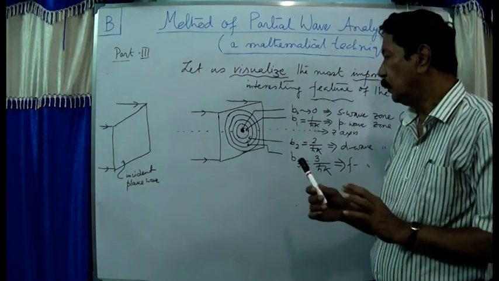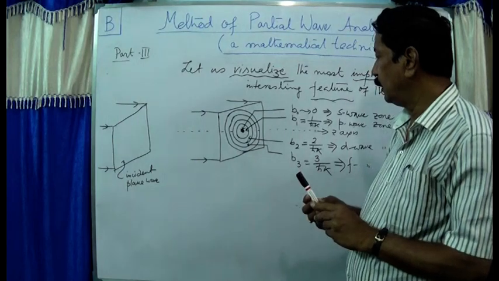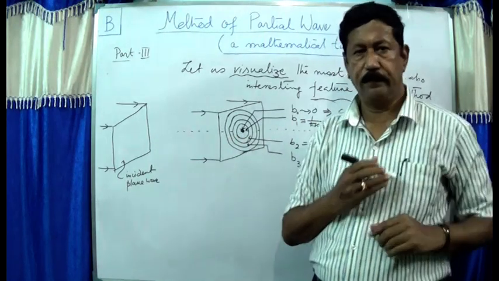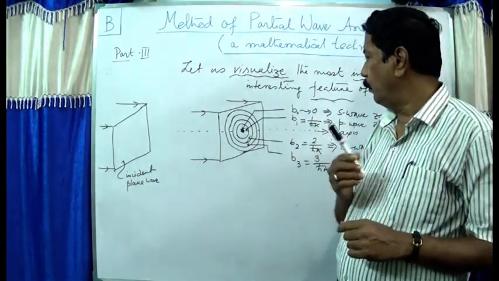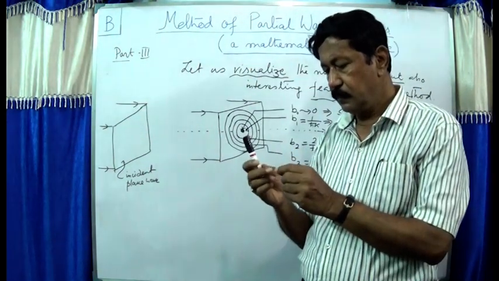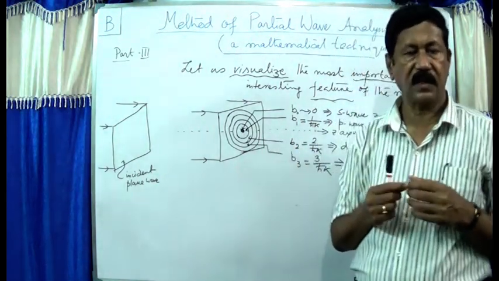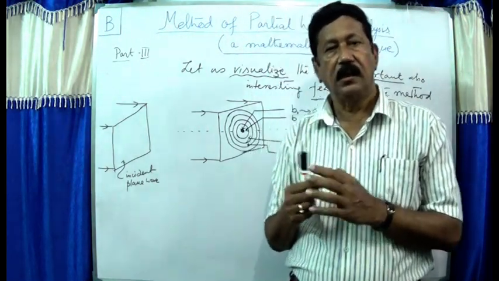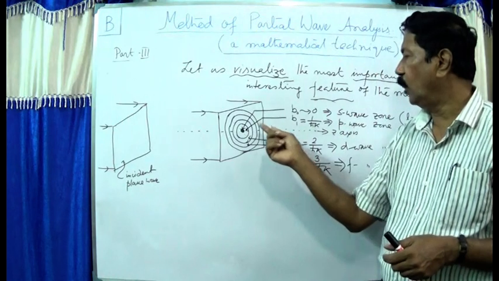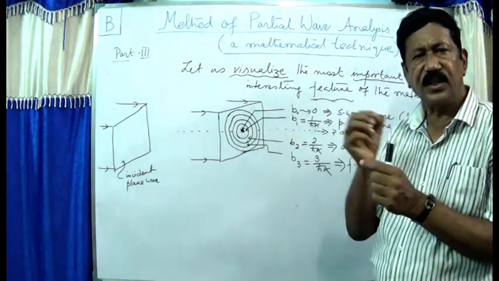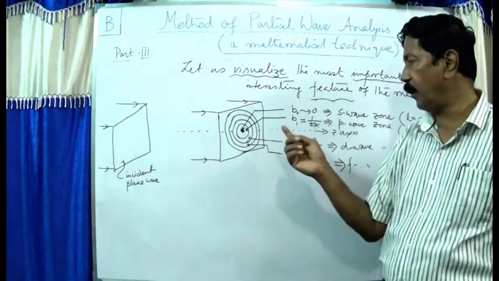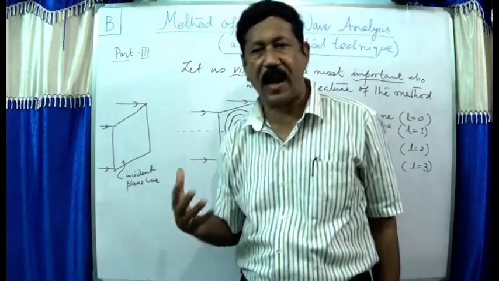Now, say the incident beam has a particular energy. If that incident beam comes and interacts with the potential, and the potential range is very small, then only the central region, or a small region around the central part, is expected to be affected.